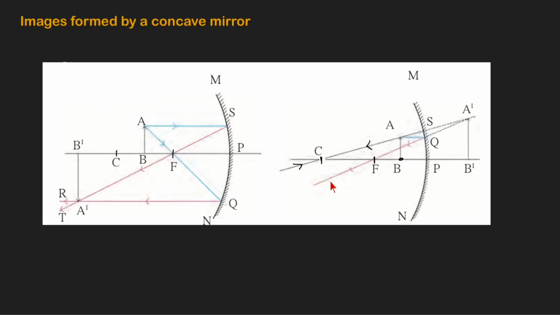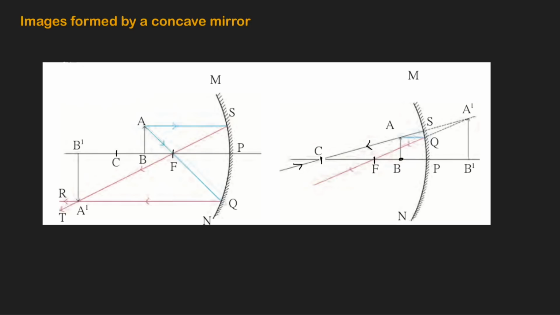Now the second ray is passing from point A, and it is parallel to the principal axis. When the ray is parallel to the principal axis, it will get reflected and go through the principal focus. Now these two reflected rays, this one is reflected and the red color one is also reflected.